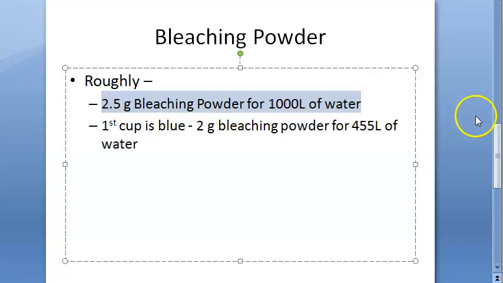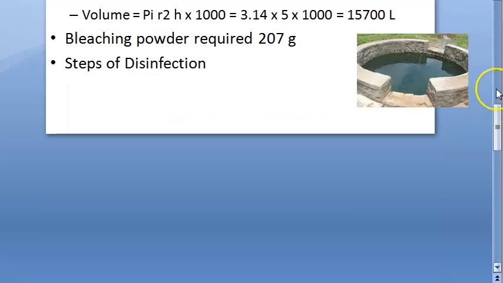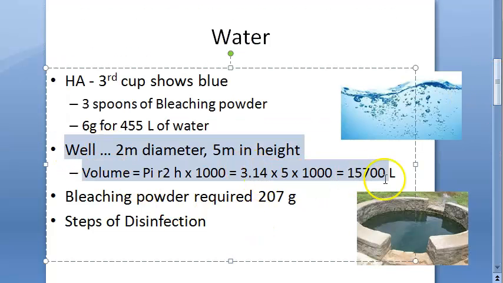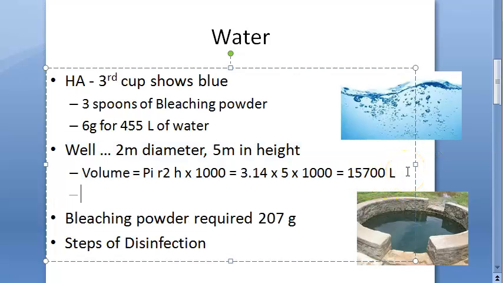Now let us say one more thing: it's not a well, but a tank, where you have length into breadth into height. Remember this formula also.